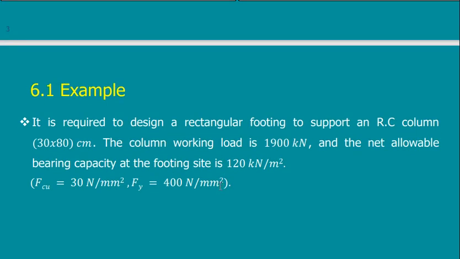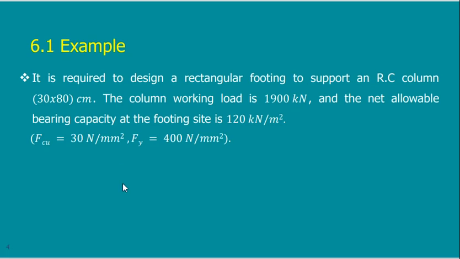Now we go to an example. It's required to design a rectangular footing to support an RC column 30 by 80. The column's working load is 1,900 kilonewton, and the net allowable bearing capacity at the footing site is 120 kilonewton per meter square, and he is giving me FCU and F yield to design the concrete section.